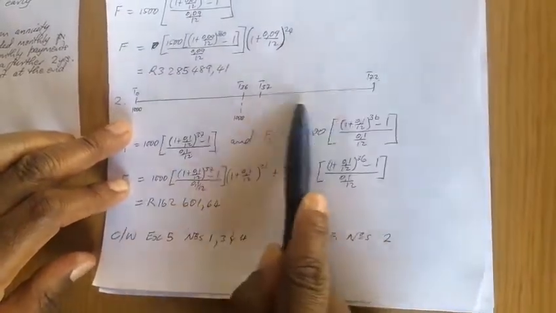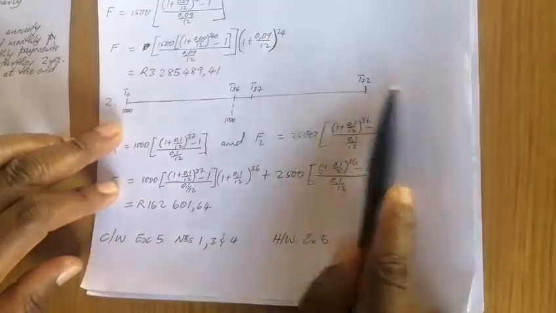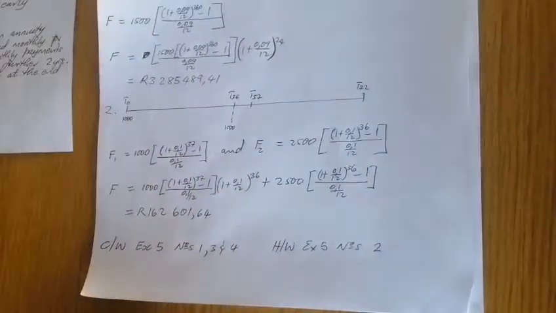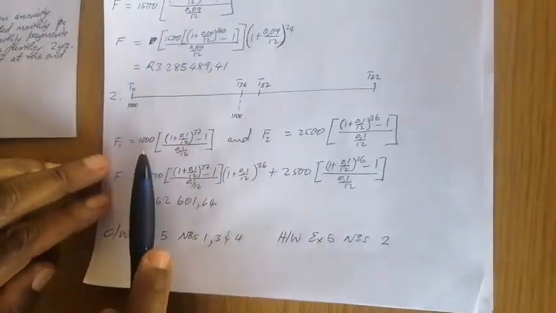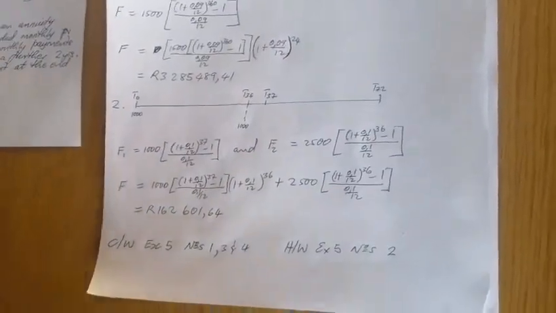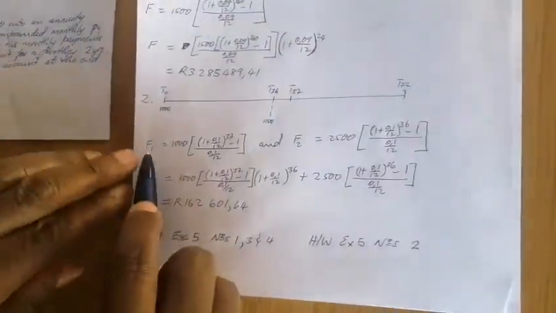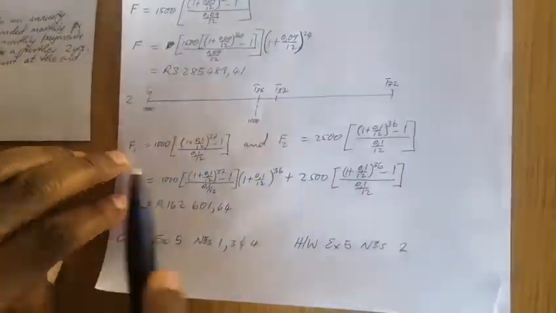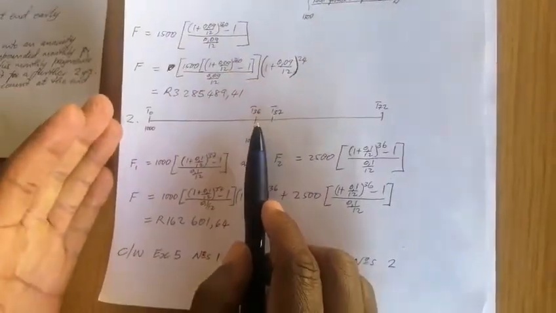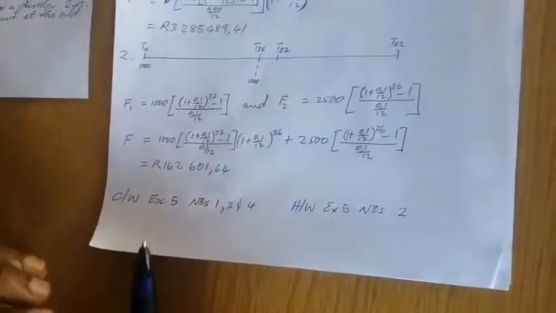So we shall have another annuity starting from T37 up to T72. We shall have 2 annuities here that are determined by what we are paying. So F1 is the future value in the first situation. F2 is the future value in the second situation.